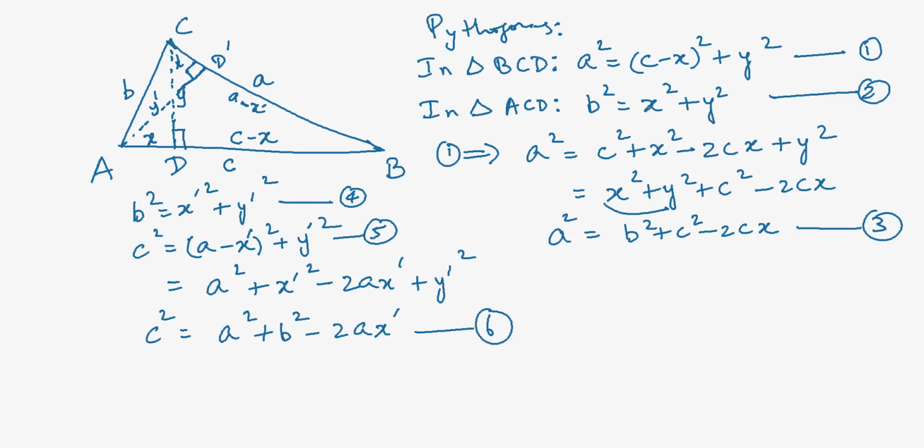Similarly, we could have drawn another altitude all the way from B to the side AC. We could have made different right angle triangles, right? We could have drawn one like this.